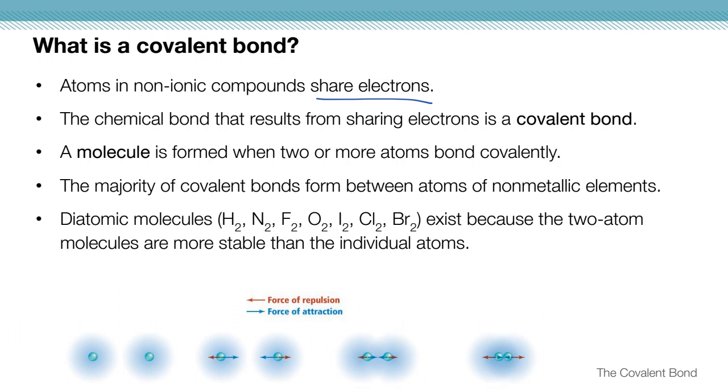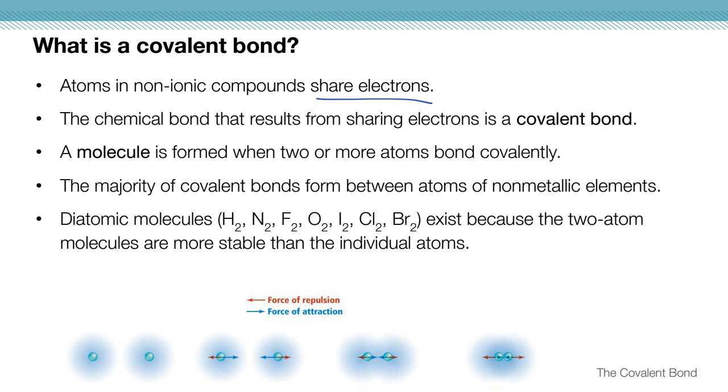So don't confuse a molecule and a compound. I know sometimes in common language we use them interchangeably, but a compound is when you have more than one type of atom bonded, right? But if you have two atoms, they could be two atoms of the same element, so like two nitrogen atoms, they are bonded covalently, they are a molecule.